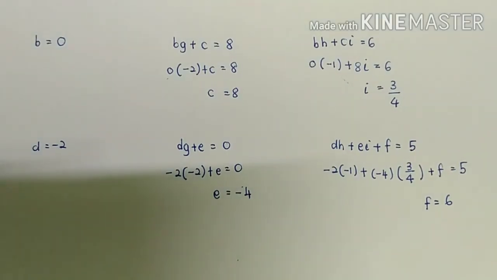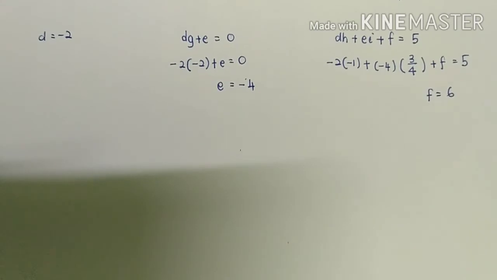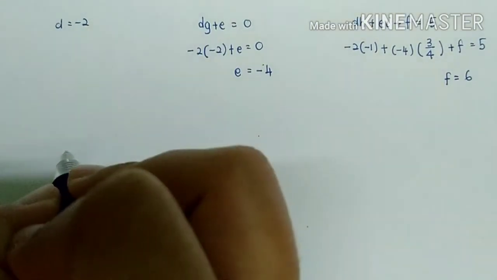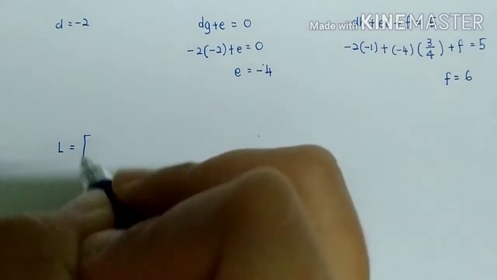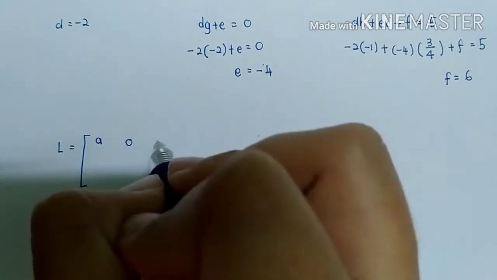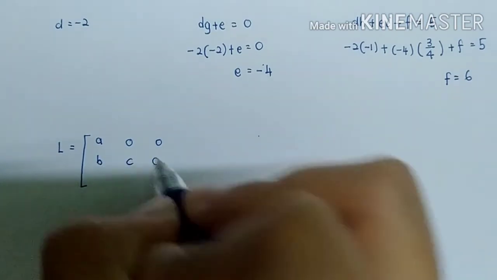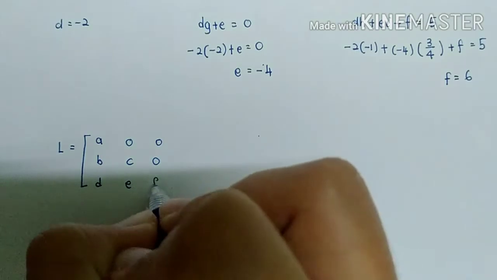So our next step is we must substitute back value of A until I into the formula of L and U. So the general formula of L for Crout method is A00, BC0 and DEF.